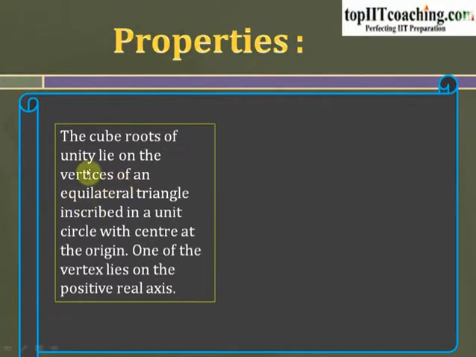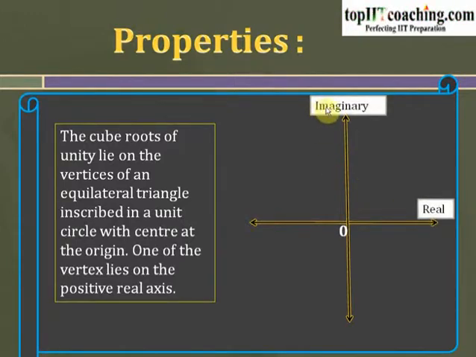Now, the cube roots of unity lie on the vertices of an equilateral triangle inscribed in a unit circle with center at origin. One of the vertices lies on the positive real axis. Now let us say that we have these two as the axes. This is the real axis and this is the imaginary axis, and this point of intersection is the origin.